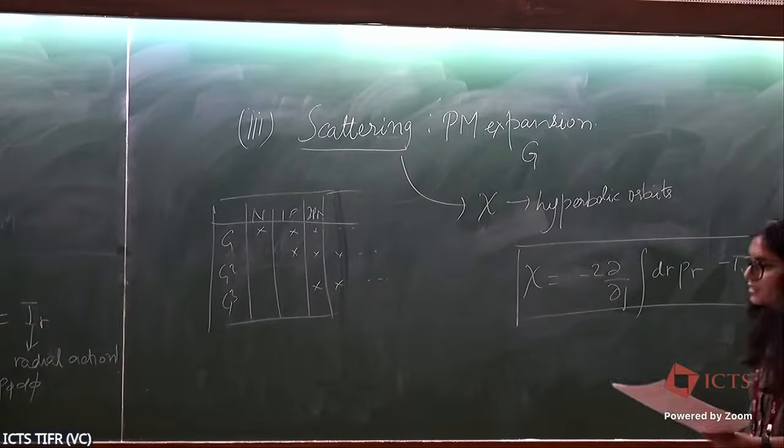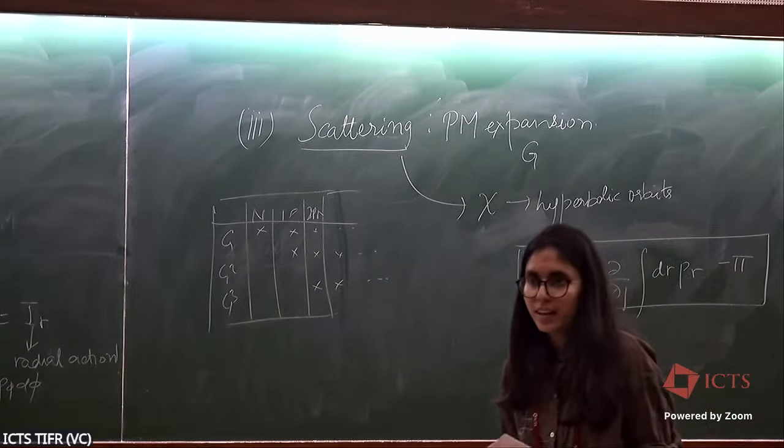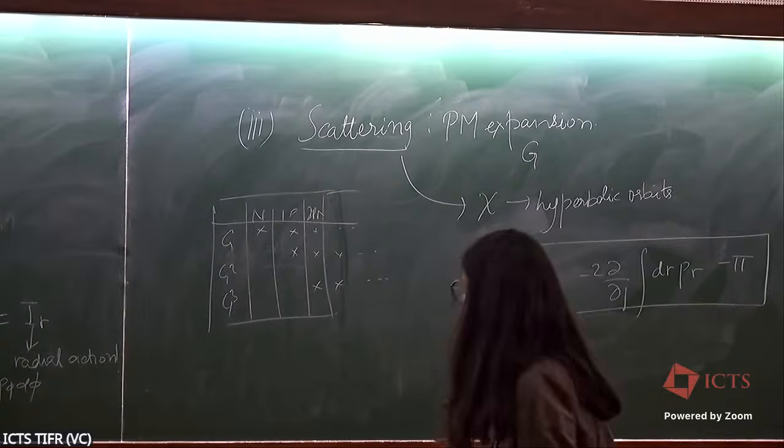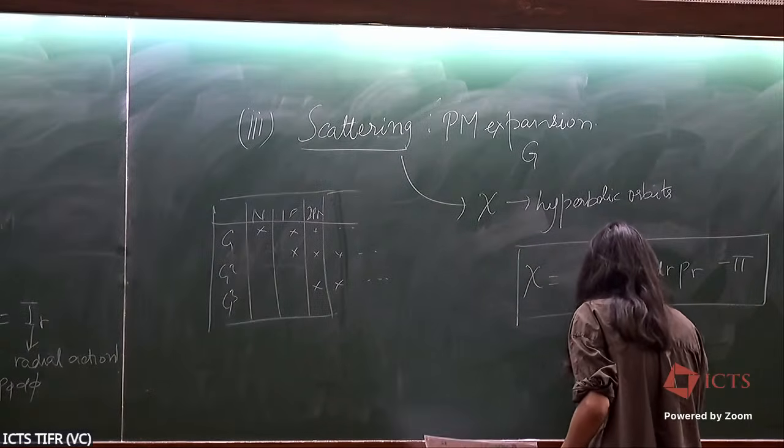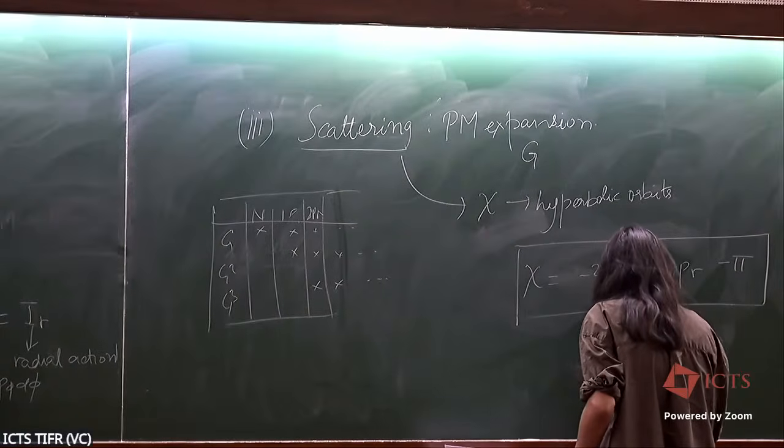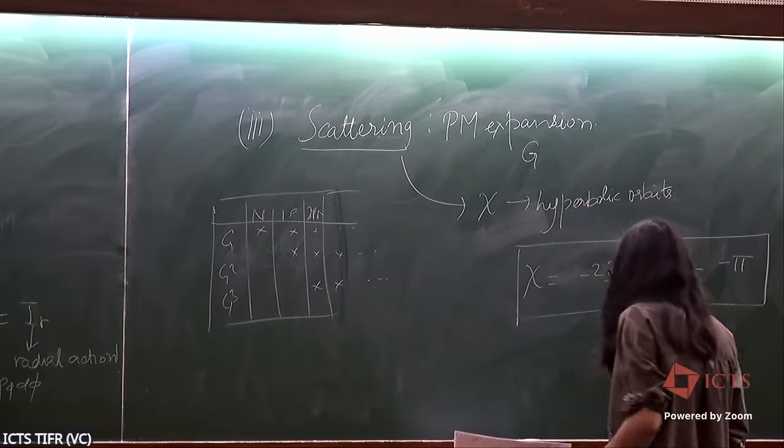And this pi is here so that we can have zero scattering. This is J, angular momentum J.